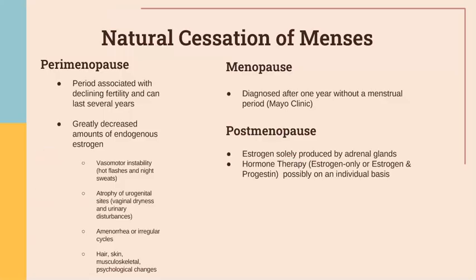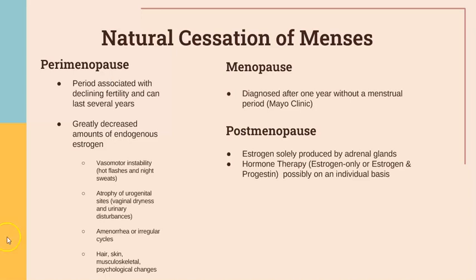So at middle age, there's a natural cessation of menses, or the natural cessation of the menstrual cycle. The 10 or so years before that is called perimenopause, and that's the period associated with declining fertility. When women are born, there's a finite amount of eggs or ovum that they are born with.